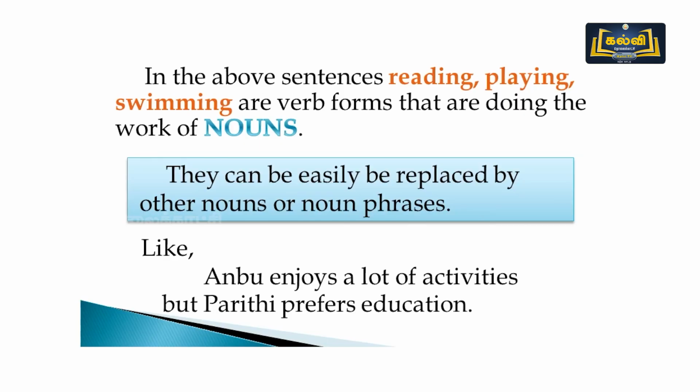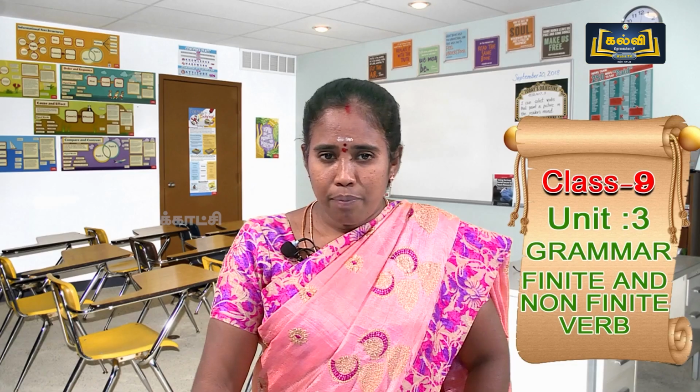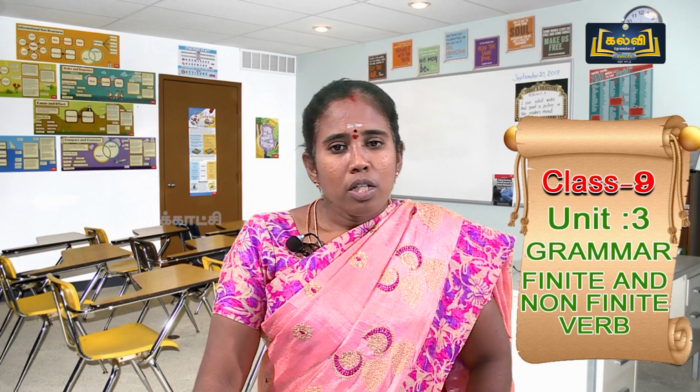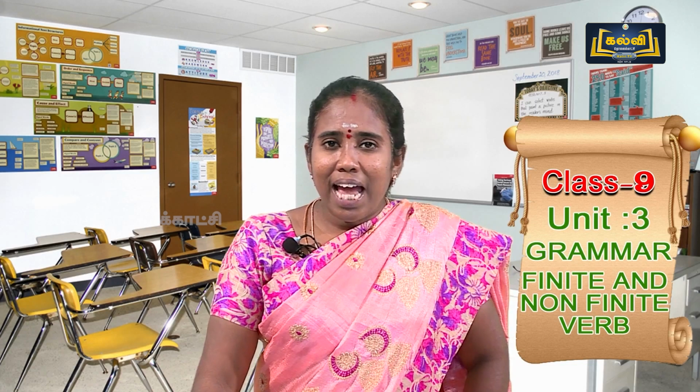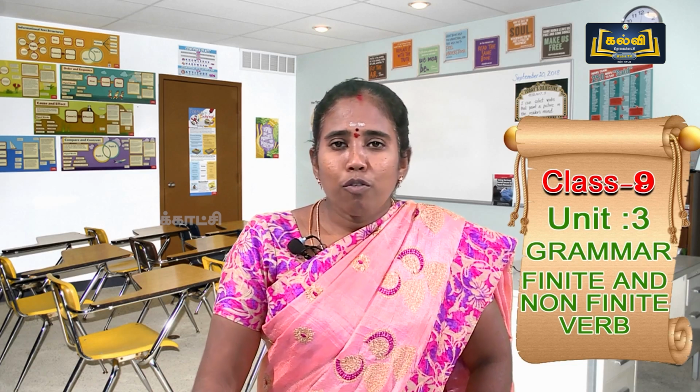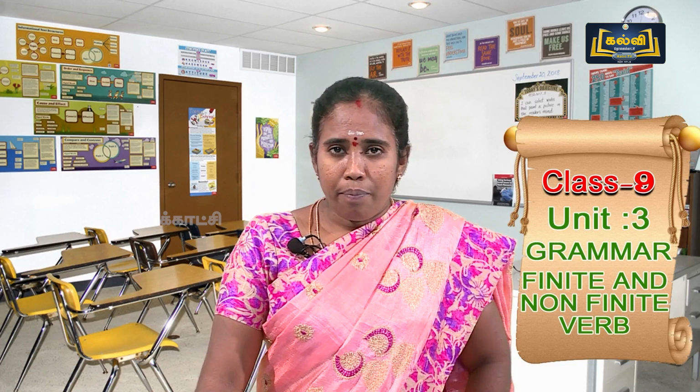They can be replaced by other nouns or noun phrases, like Paradi prefers education, but Anbu enjoys a lot of activities. Note down, students, you can easily identify gerunds with the following clue words.